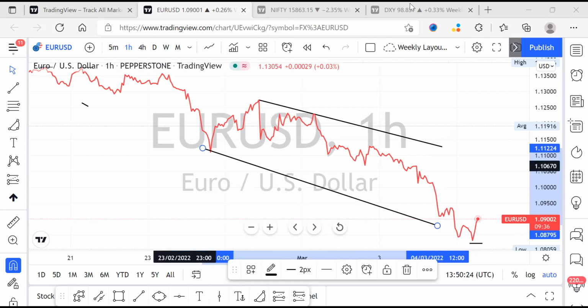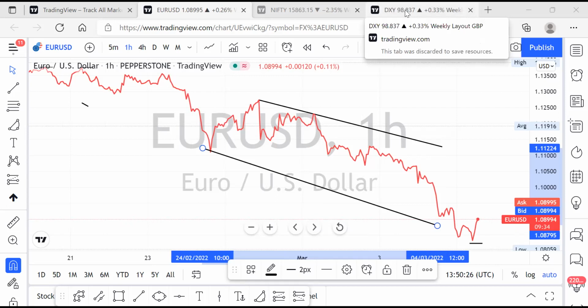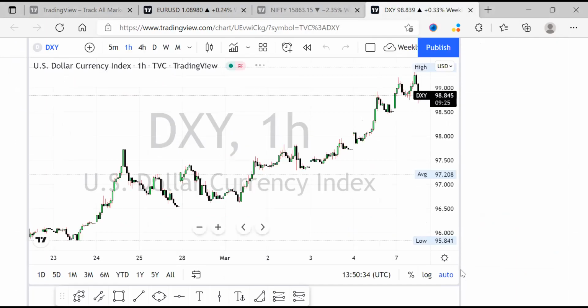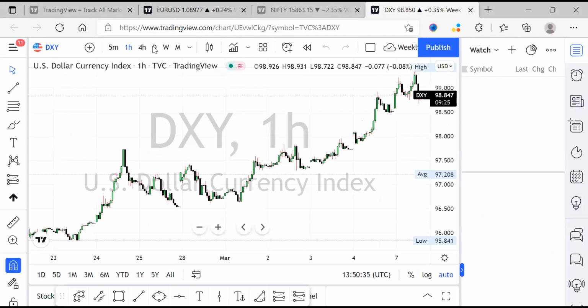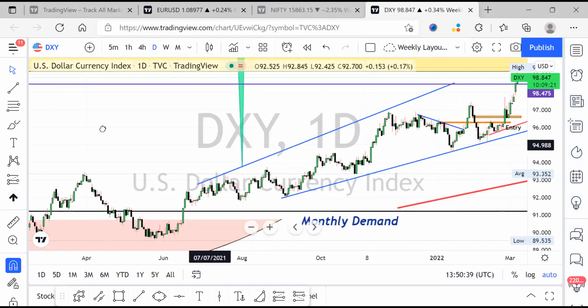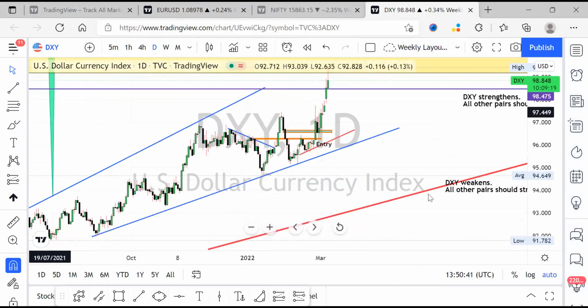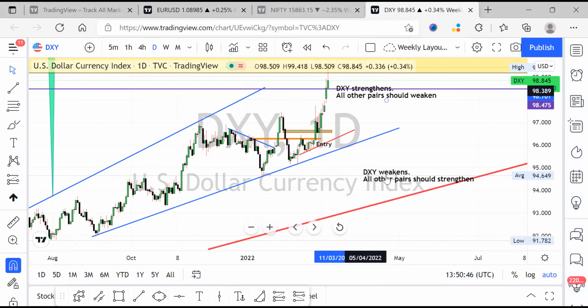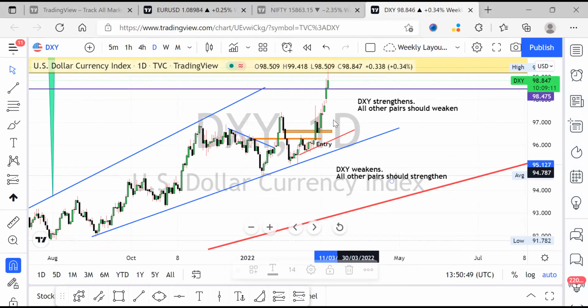Let's now get back to the main story of what's really been happening within the Forex and the stock market itself. As I said to you guys quite a long time ago, and you still sometimes have these doubts because your weaknesses are still showing: the dollar index is still strengthening.